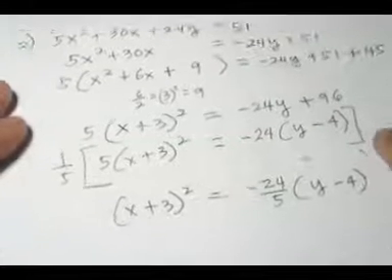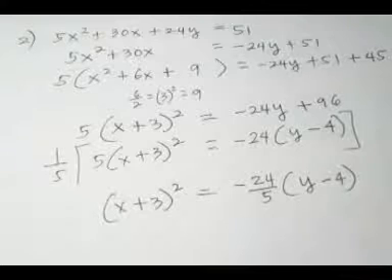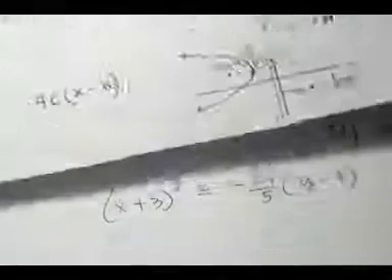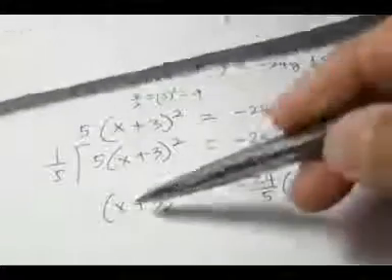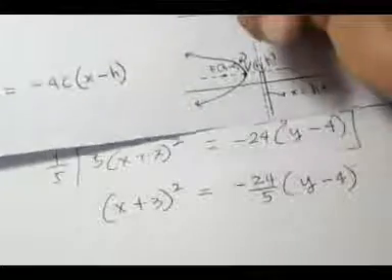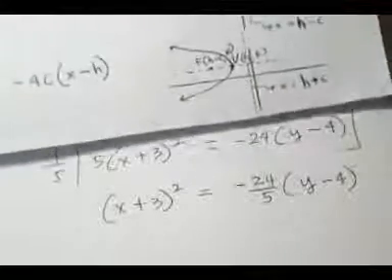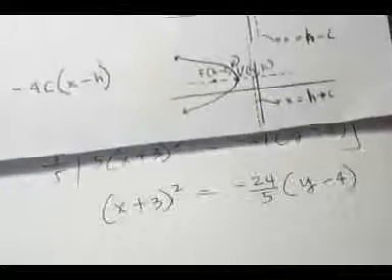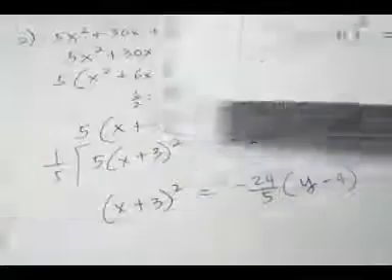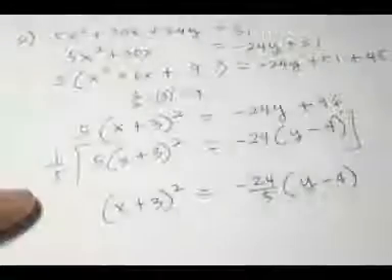Take note that referring to our standard form of the equation, the squared term is x and 4c is negative. So this is our graph opening downward. This is our standard equation. Let us determine c.